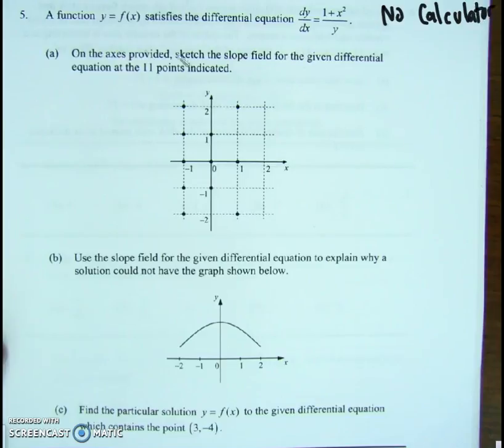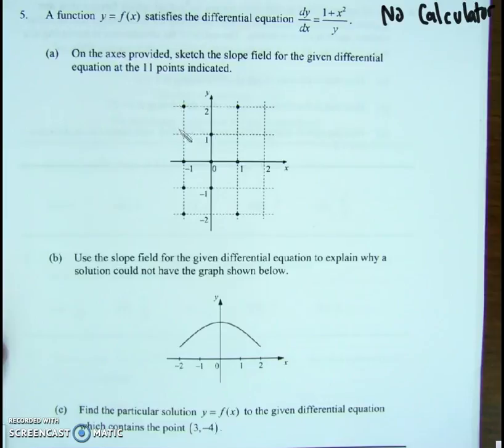Now, notice how 5A you guys should easily be able to do. It says a function y equals f of x satisfies the differential equation dy over dx equals 1 plus x squared over y. A, on the axis provided, show the slope field for the given differential equation at the 11 points indicated.